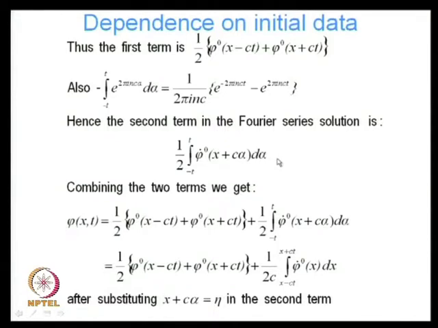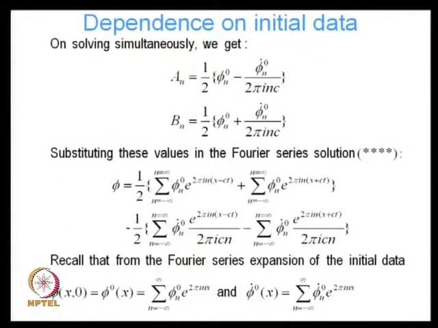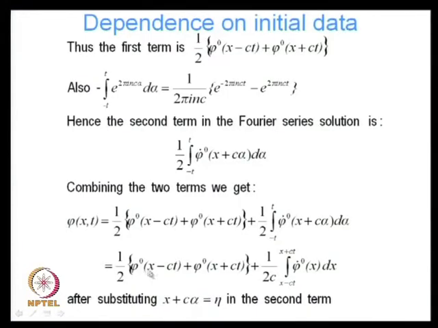So we are able to express the entire solution of this wave problem, in this ring of unit circumference, in terms of the initial conditions, phi 0 and phi dot 0, and finally we get it in this form after doing the substitution x plus c alpha equal to eta.